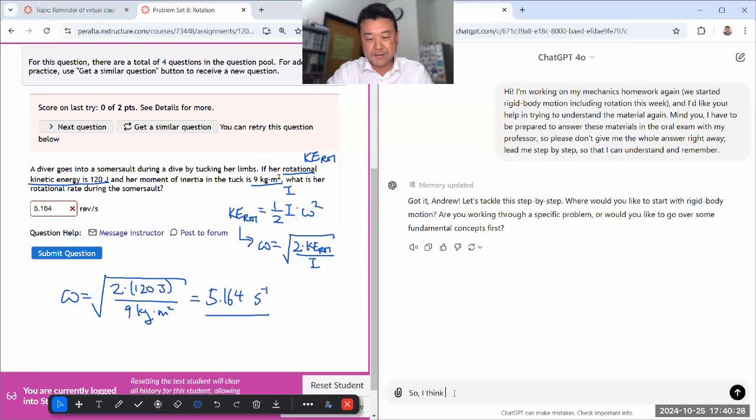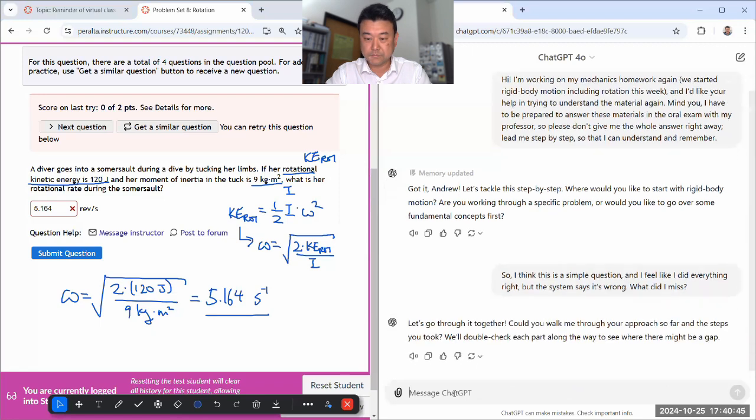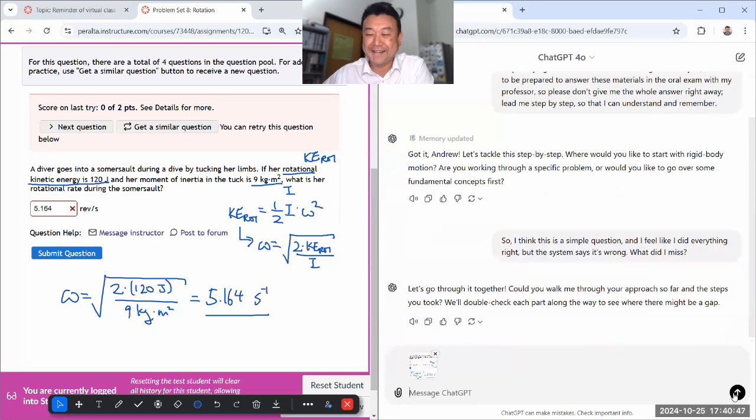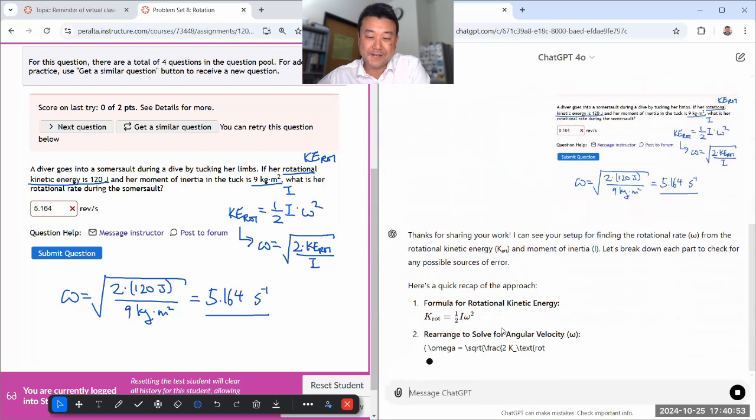So I think this is a simple question, and I feel like I did everything right, but the system says it's wrong. What did I miss? Oh, I meant to paste this in. ChatGPT is pretty good about not hallucinating.